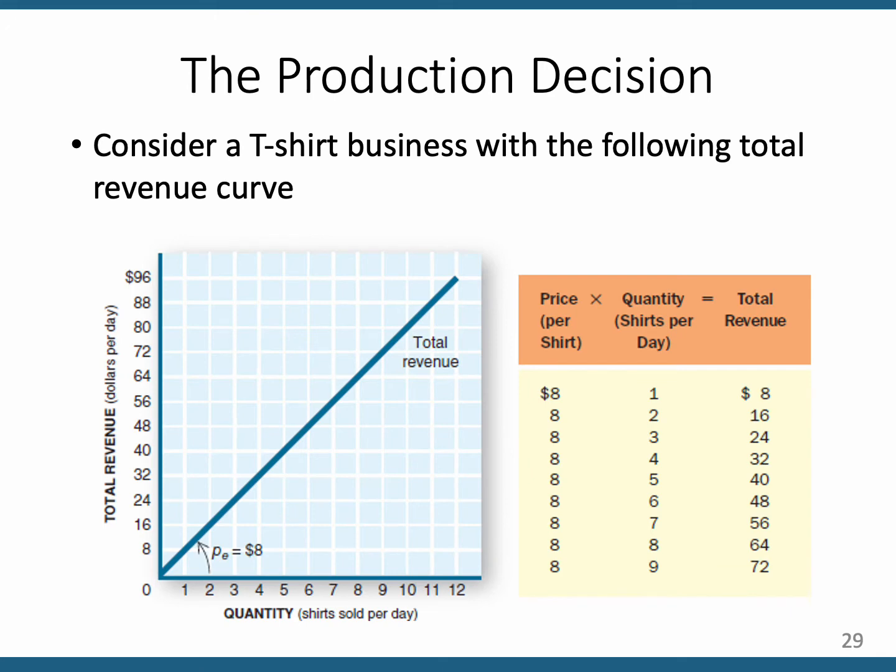So there it is. This was the t-shirt business example, with a t-shirt selling for $8. No matter how much you produce, you're going to charge $8. So 8 times 1 is $8 total revenue if you're producing 1. 8 times 2 is $16 total revenue if you're producing 2 per day, and so on. So when you graph that, it is a straight line.